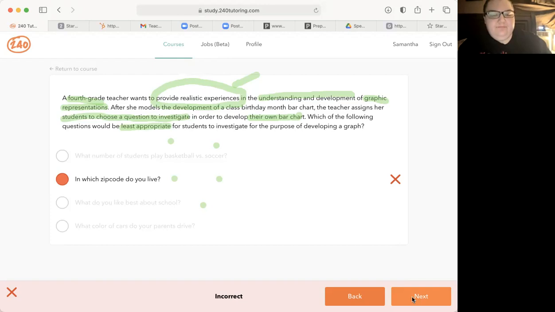Like we're saying, you could do all of these. And this one might be what color: red, blue, green, black, silver, gray, white. Even that has an end to it, but I would say this one has no end because kids could be silly about it and get really specific.